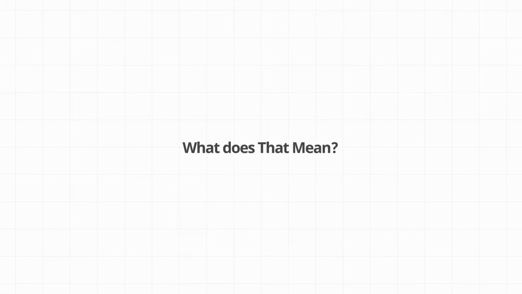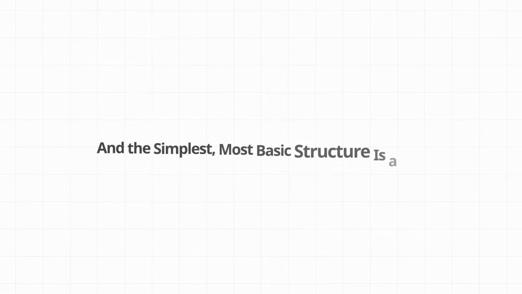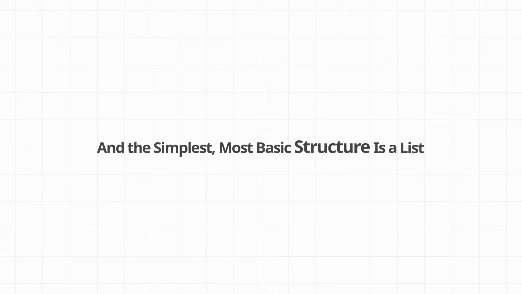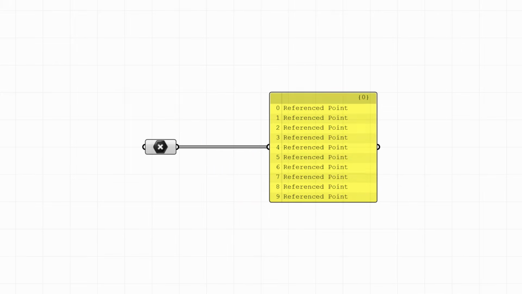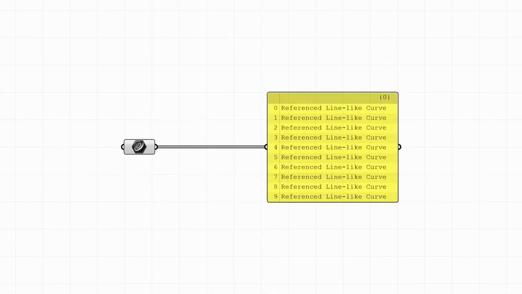What does that mean? It means data is never alone. It always lives inside a structure. And the simplest, most basic structure is a list. For example, if we have 10 numbers, that's a list. 10 points, still a list. 10 lines or curves, again, a list.